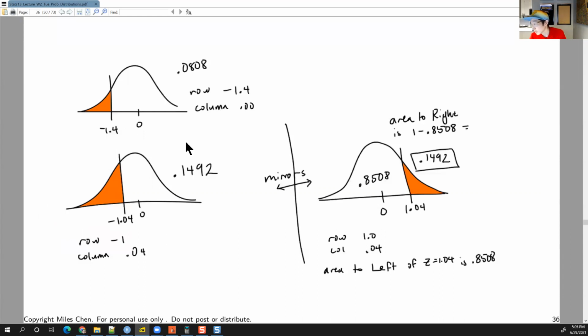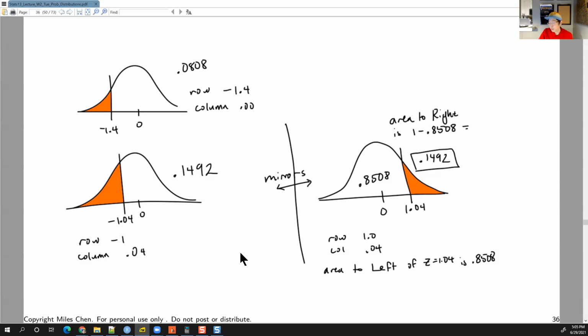Okay, and these are kind of pictures that I've drawn. Area to the left of negative 1.04, and we get this, 0.1492. Okay, any questions on this? Do we feel okay about all of this?